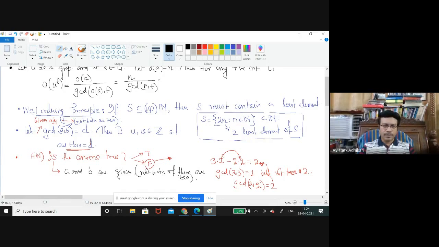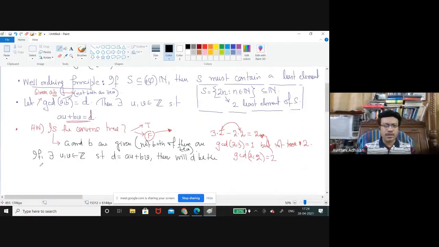Now, if there exist U, V belonging to Z such that D equals AU plus BV, then will D be the GCD of A and B?